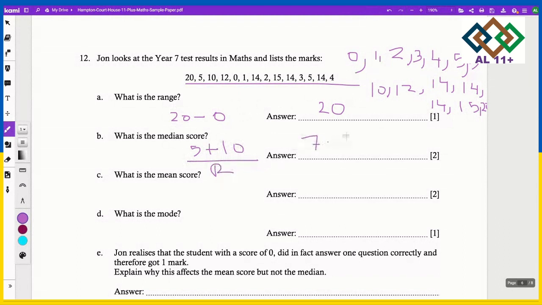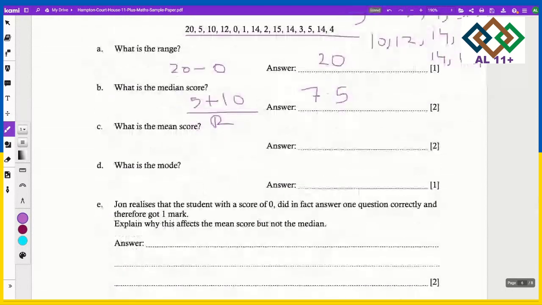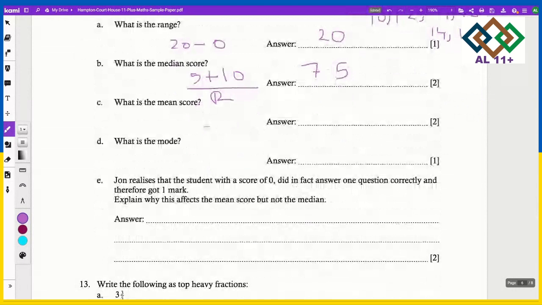That's 7.5. What's the mean? Mean is you need to add all of them up, and divide by how many of them there are, 14. It would be 8.5. And the mode is the most common one. You could say that it's 14.